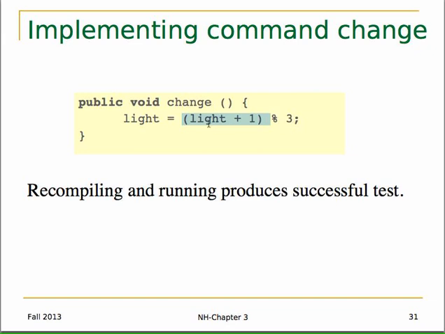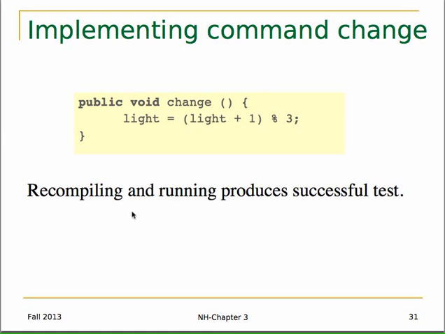If light is 0, light plus 1 is 1, and 1 mod 3 is 1. Bump it up again, 2 mod 3 is just 2. The third time you call change, 3 mod 3 is 0. So that's going back from red, which is 2, all the way back to 0, which is green, which is what traffic lights do. Okay, so that makes sense.